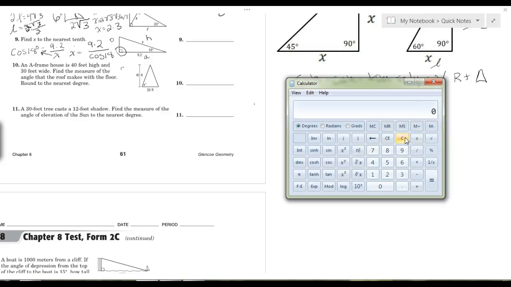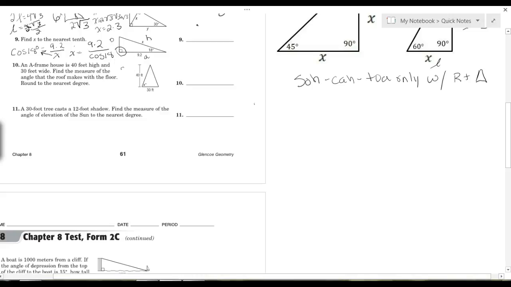I put things in a little bit differently than your calculators. So I'm going to do 9.2 divided by, and then again my calculator is a little weird the way I have to put this in. So then I get 9.67, which I'm going to round up to 9.7. So I'll write that in here, is 9.7.